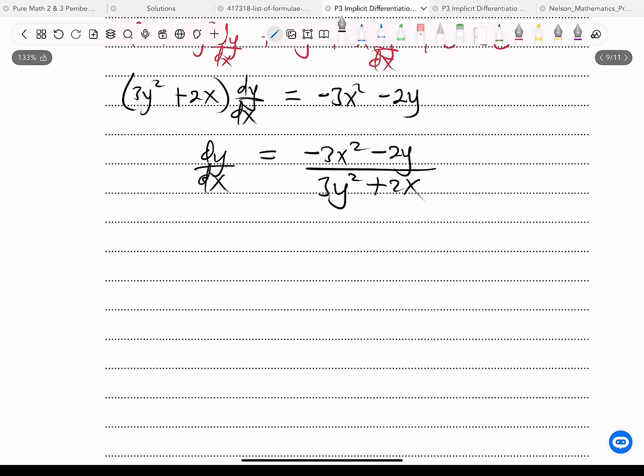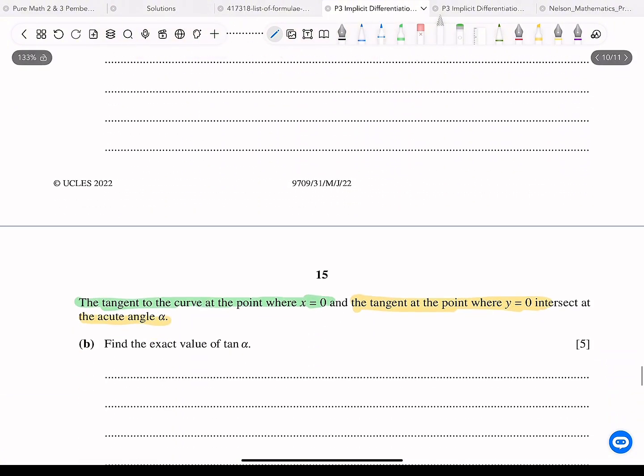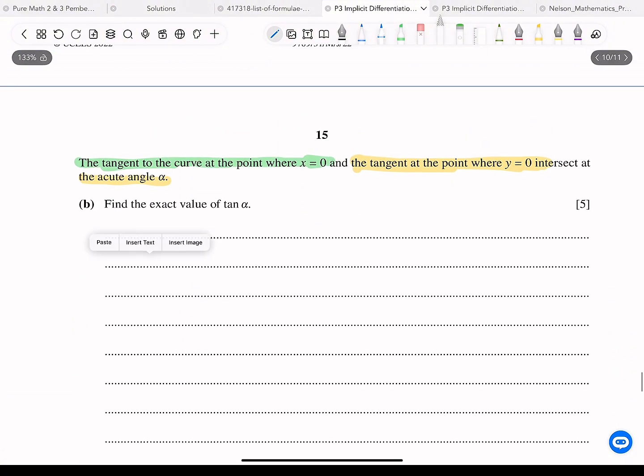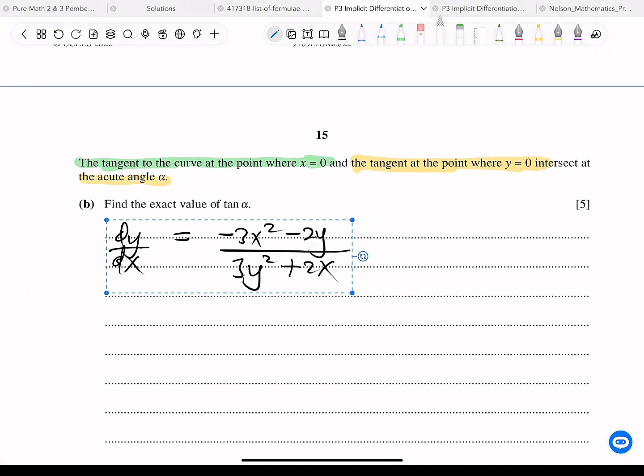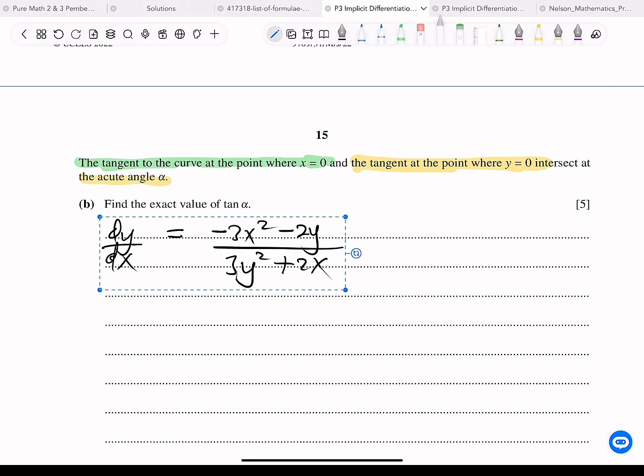We need it. So let's copy it and put it right here. Okay, so we have our dy/dx, and we are saying that we should deal with the dy/dx when x equal to 0. So we do exactly that.